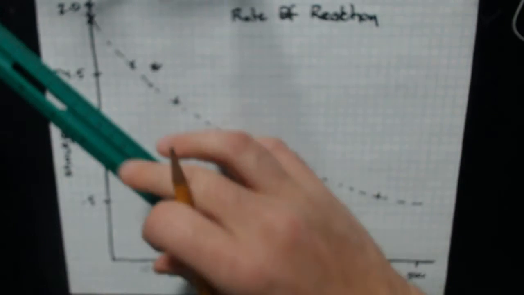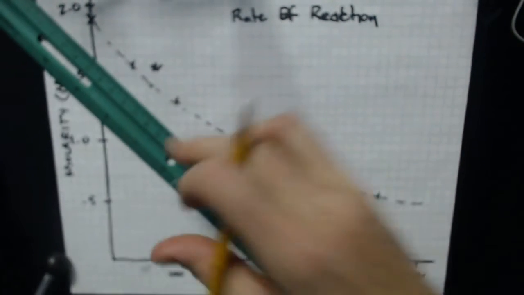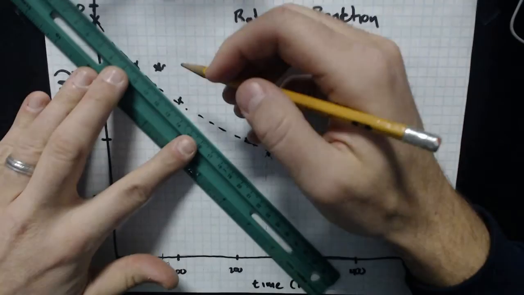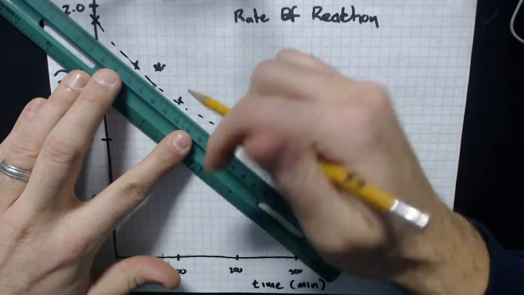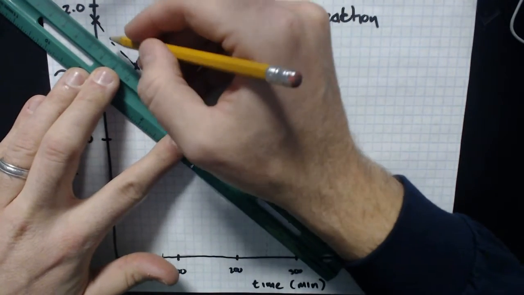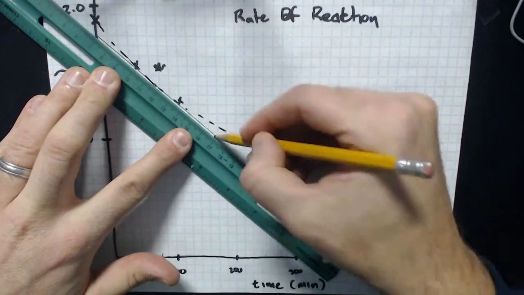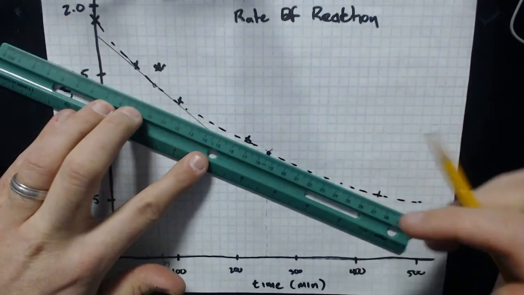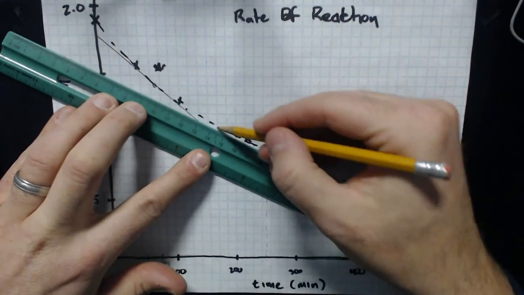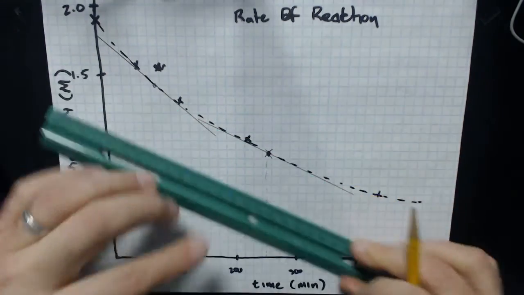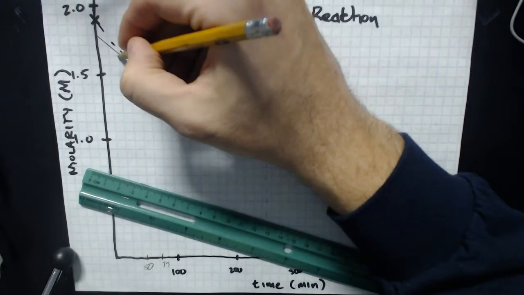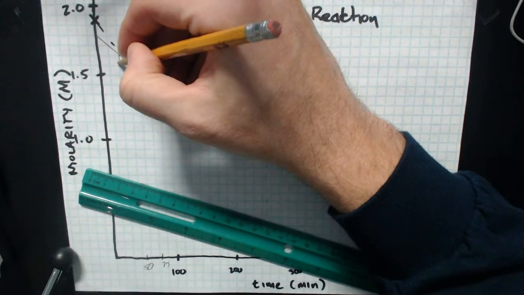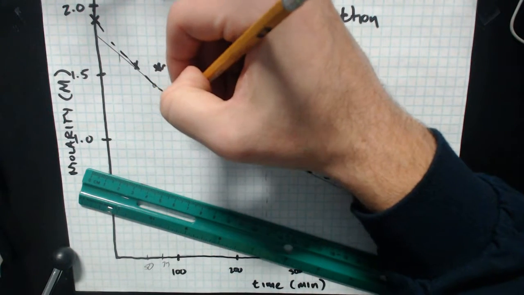And so the way to find the rate at this point, the instantaneous rate, is to take this and then draw a tangent line at this point. Okay, and I know this is kind of a big pain in the neck, but that's what you do. Okay, and then you draw a tangent line.